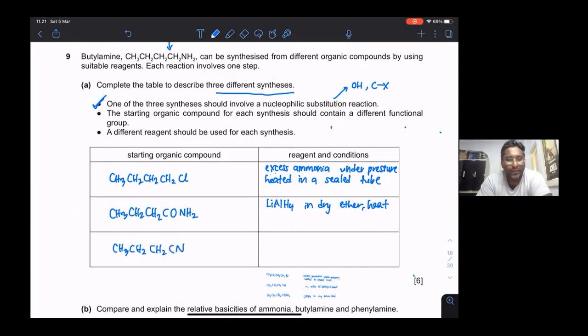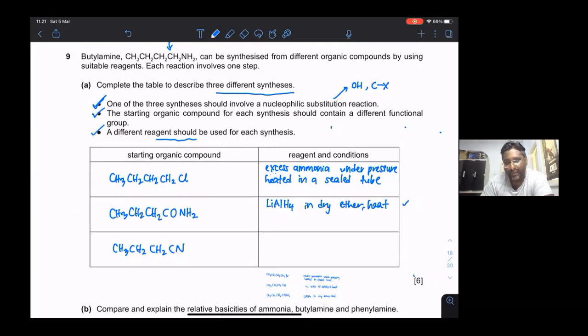So 4 carbon, must have 4 carbon. This nitrile, you can use this as your reducing agent, but because they say different reagents should be used, I will not use this reagent, because they want different starting organic compounds. So we still need to maintain different reagents.